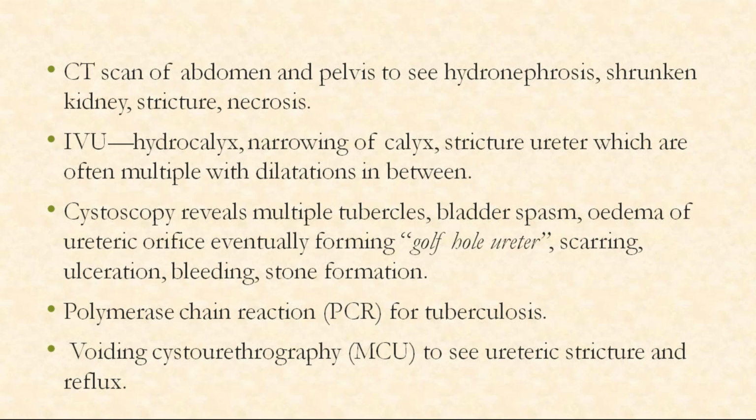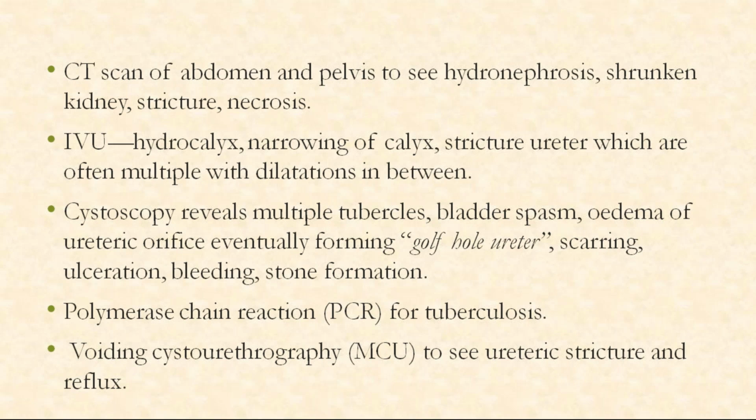The other investigation is intravenous urography. What is the advantage of doing this investigation? To know whether any hydrocalyx or hydronephrosis is there or not. You can identify any stricture of the ureter by doing this intravenous urography or pyelography.